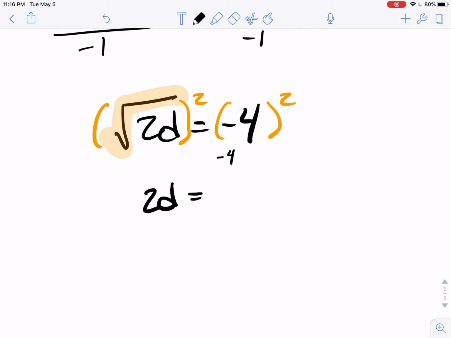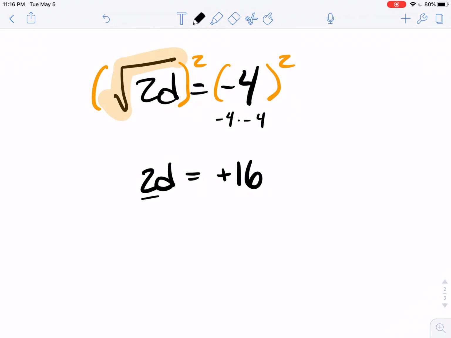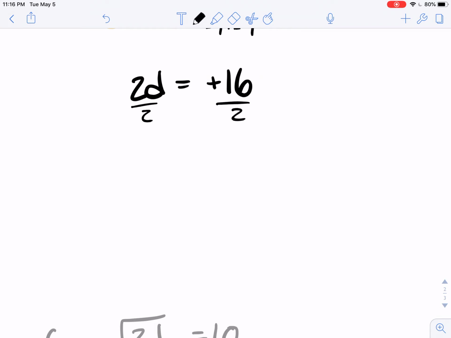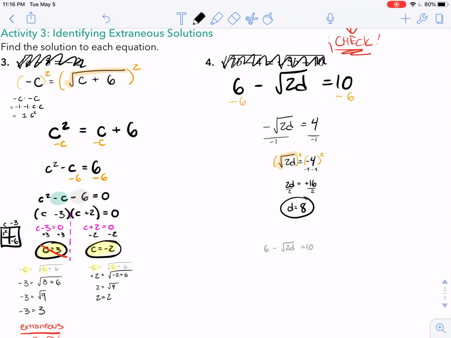Negative times negative is a positive, and 4 times 4 is 16. That gives us a positive 16. And then we divide by 2 to get d all by itself. So d is equal to 8. Oh, that's my favorite number. I didn't even do that on purpose. Cool. So we get d is 8.